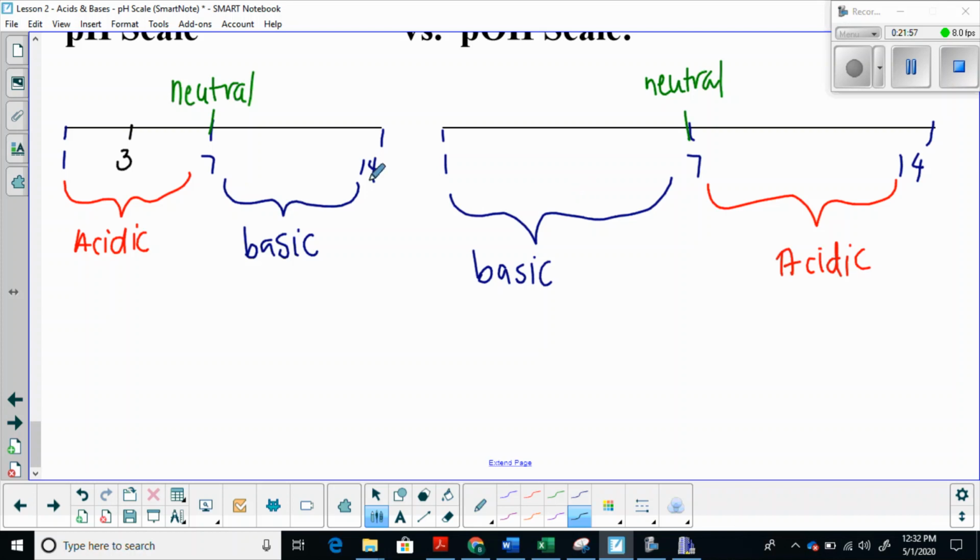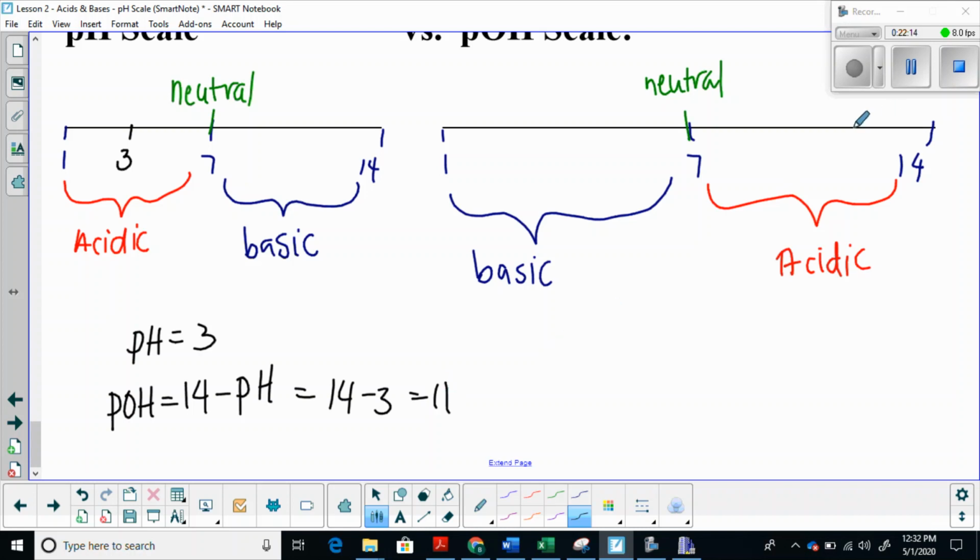So we know if our pH and our POH add together, so if pH is equal to 3, our POH is equal to 14 minus pH, which is equal to 14 minus 3, which is equal to 11. 11 is about here. They both lie in the acidic region. It doesn't matter if you represent it as pH, it doesn't matter if you represent it as POH. It is still considered acidic on both scales.